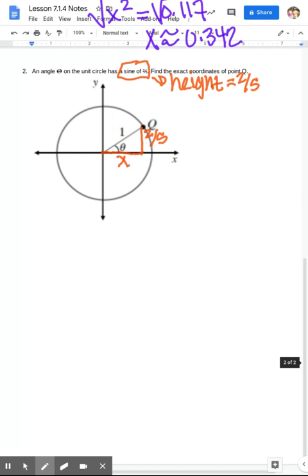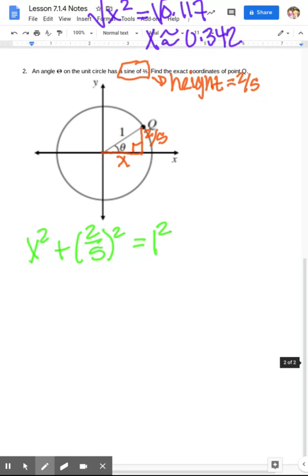And then we're looking for the x coordinate. So again, we have that right triangle, so we can go ahead and use our Pythagorean theorem. So we have x squared plus 2/5 squared equals 1 squared.